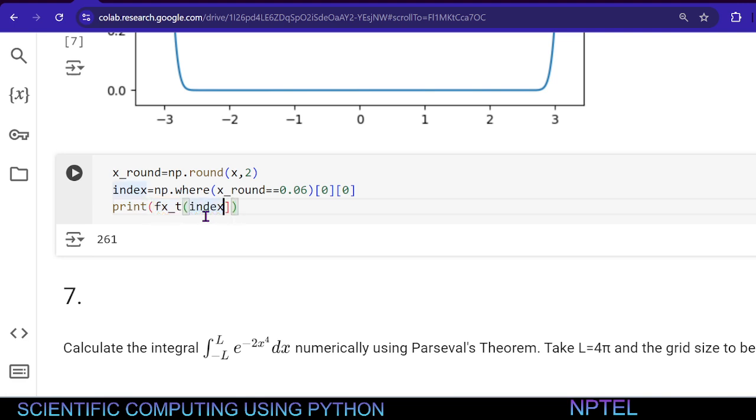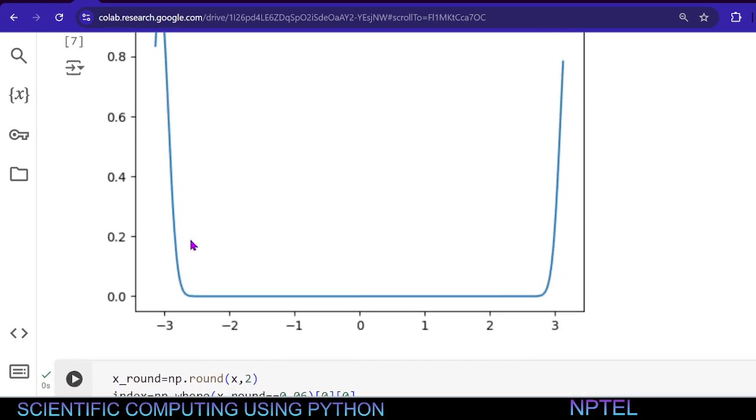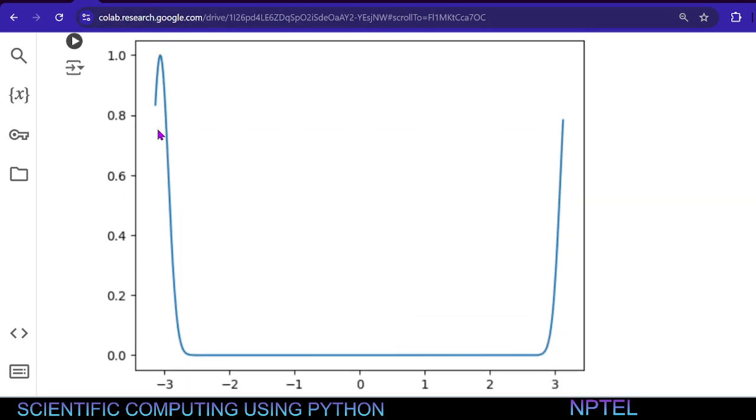Of index, and it's 0.0. Okay. And why? Because the peak is close to -3, and it's a very narrow peak, right?